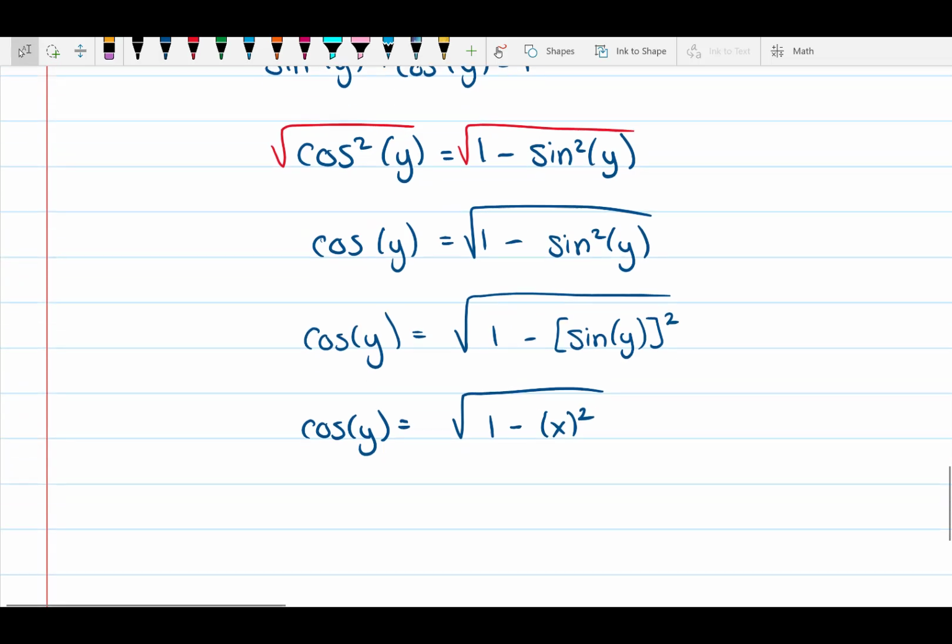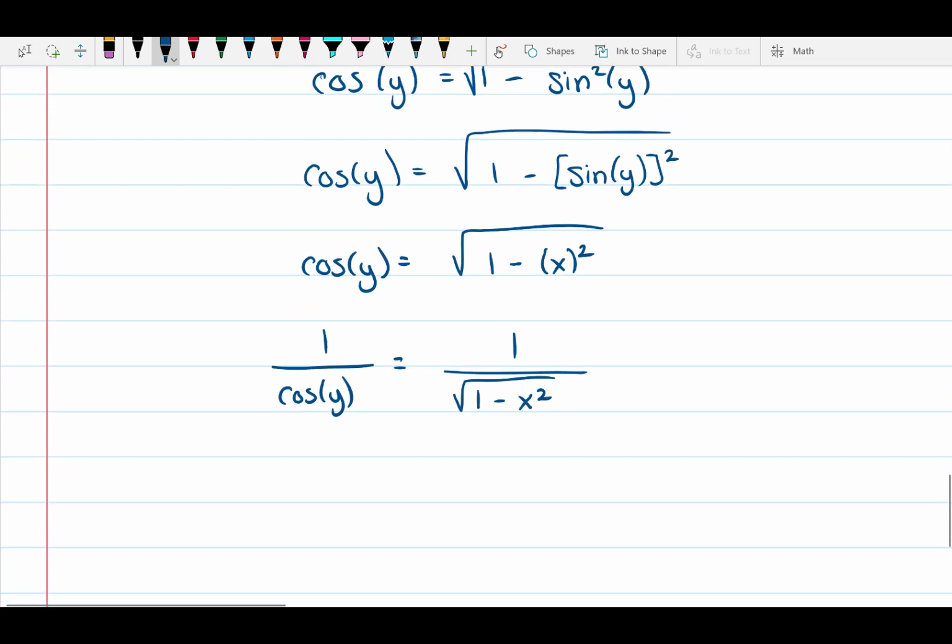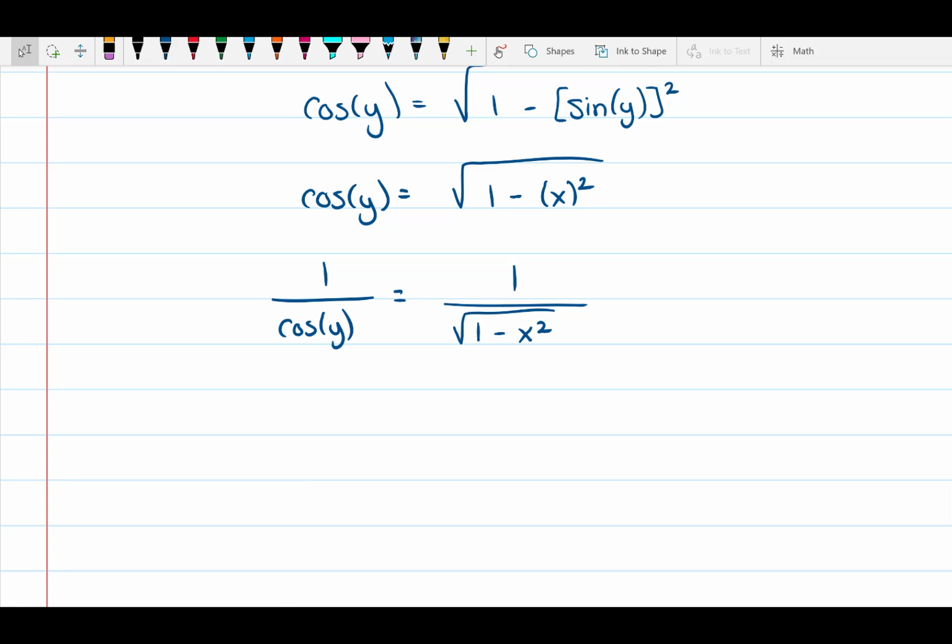We are so close to our answer. What we don't want is just cosine of y. We want 1 divided by cosine of y. So 1 divided by cosine of y is equal to 1 divided by the square root of 1 minus x squared. Now the question is, do I want cosine of y?